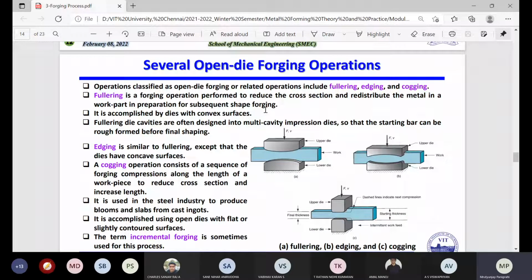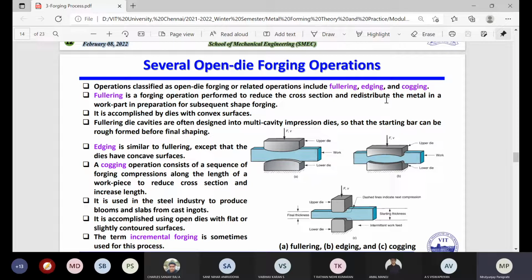Whenever you are writing, of course you write in your own language, but you also have to write some technical terms. So one is reduce the cross section and redistribute the metal, because initially your metal shape, for example the height, let's say the height was bigger, so your area also goes in a cylindrical way. The moment you are making the forging, you are giving the force and velocity from the top, because the bottom part is fixed.